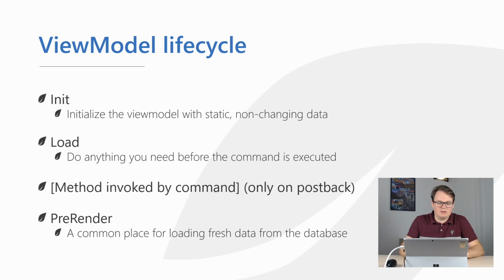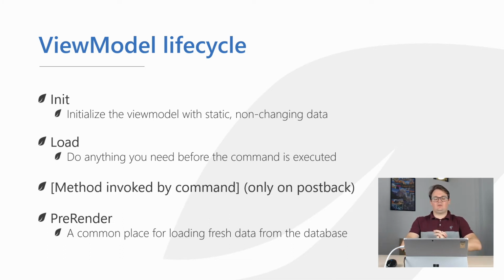This state is available in the load method. So in load method, you have the view model in a consistent form. It's in the exact state as the user is seeing it right now on the post back. And then the method which the user chose to be called will be invoked. So the calculate method would be invoked after the load event.